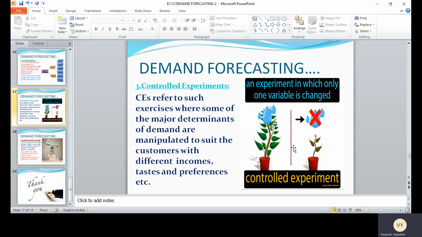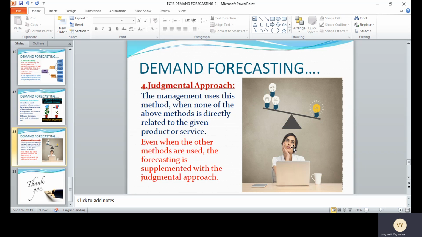What is the impact of changing the price on the demand? Of course, incomes they cannot control. But according to taste and preferences, the products are designed. If this is the taste, this is the preference, this is a suitable one. What are the sales? So in controlled experiments, they do lots of manipulations with regard to various determinants, and they see the impact of those manipulations on sales. That's about controlled experiments.